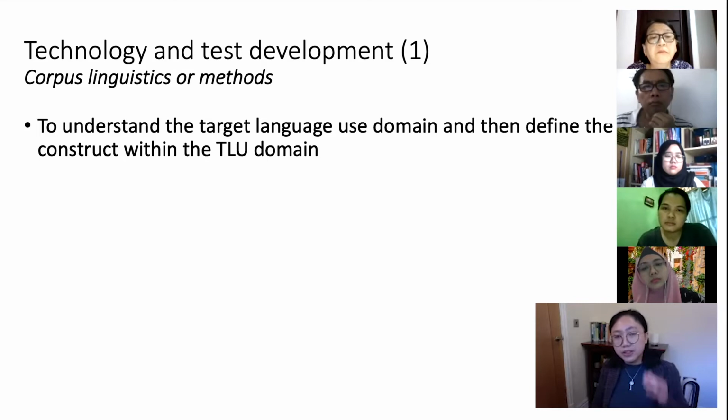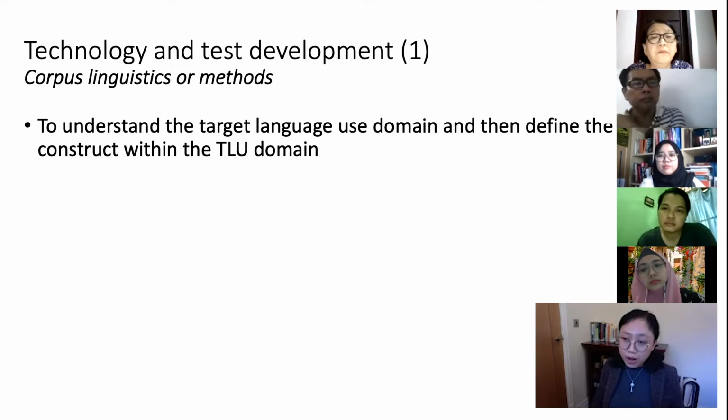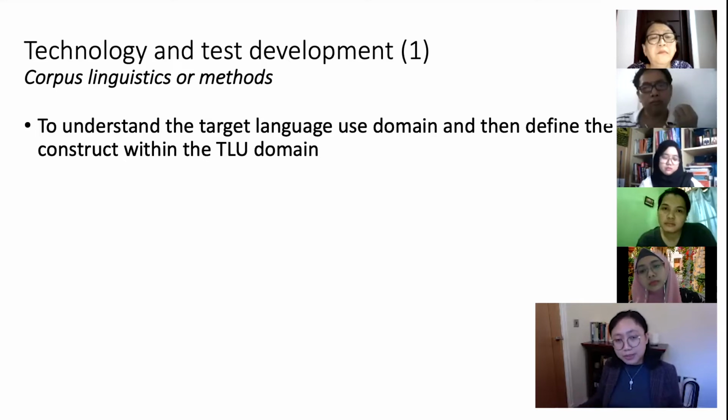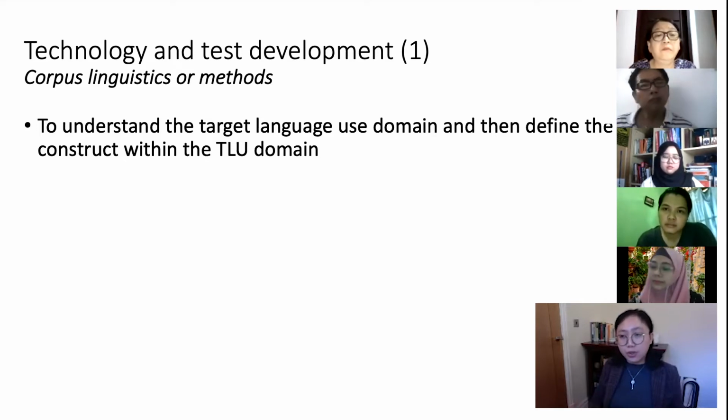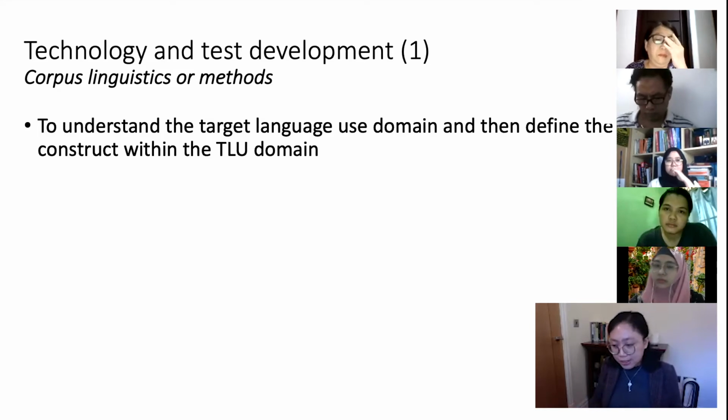So for example, you want to develop an EAP test, an English for academic purposes test, then you can use academic English corpora to help you identify and understand what kind of language is actually used in that particular domain, in English for academic purposes. And then you can later define the construct within that TLU domain that you want to target in your measurement or in your test, essentially.